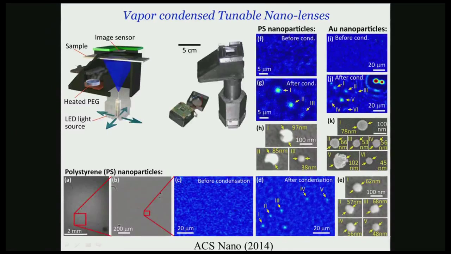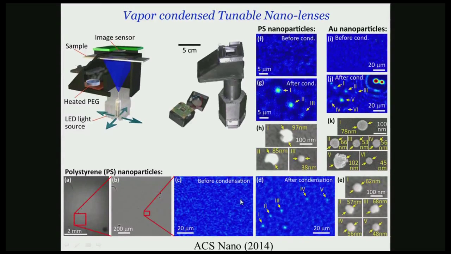This is exactly the same thing, a little bit more enhanced sensitivity. It's a field-portable microscope. It's a super-resolution microscope. It's inverted, meaning that LEDs are here and the CMOS is there. Sample goes from the side. The sample contains nanoparticles and viruses. And you heat this PEG reservoir, which is essentially condensing and forming these nano lenses within just a few minutes.